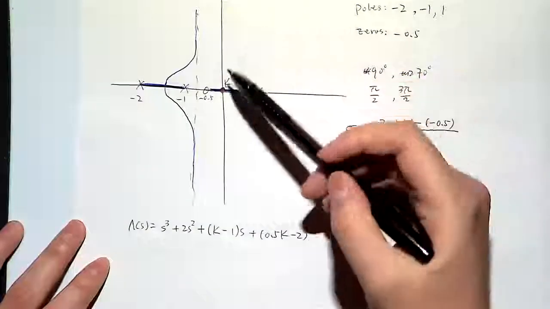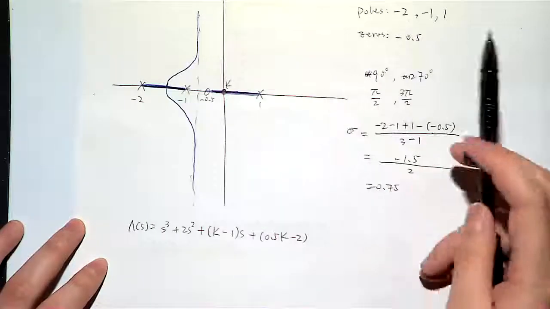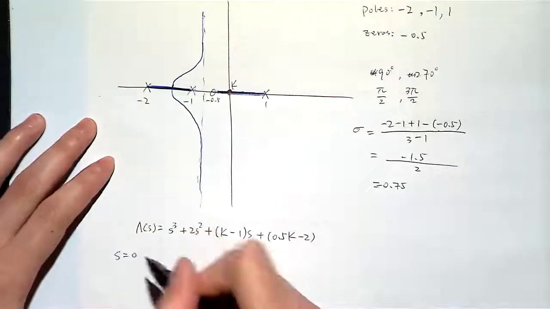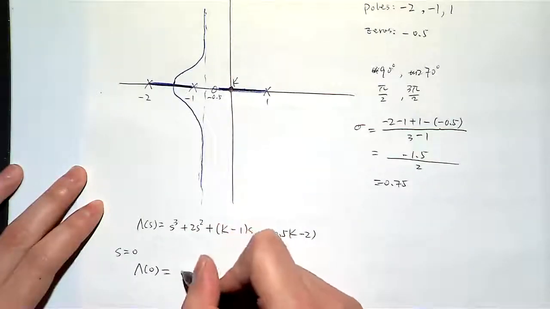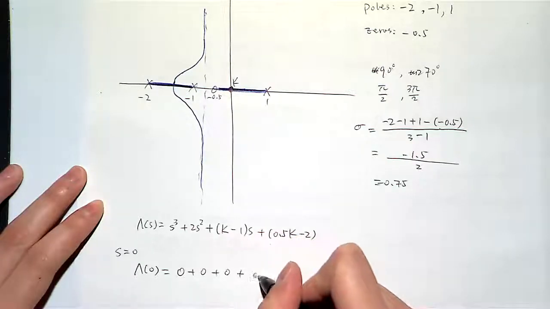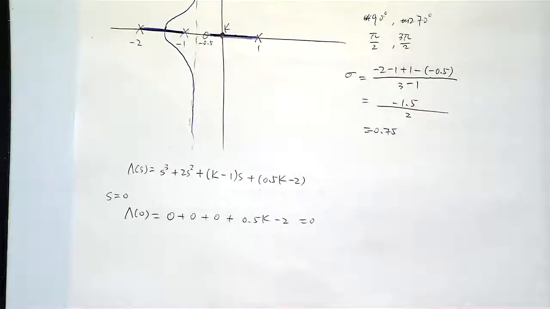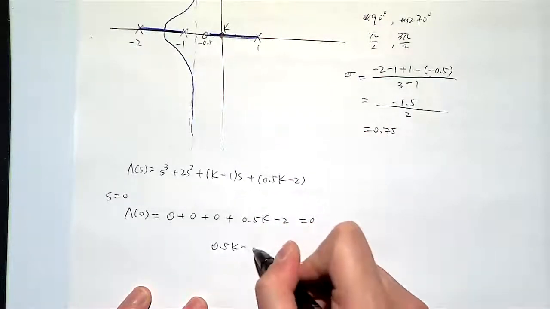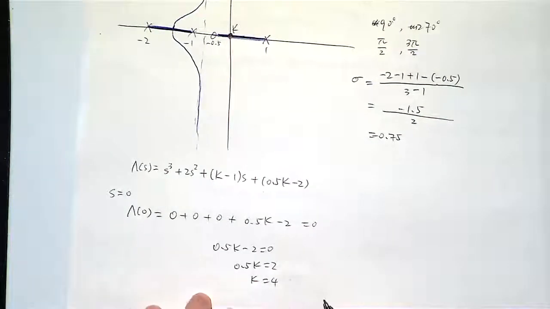You know that at this point, you have your pole located at 0. So what you can do is just sub in s equals 0, and by solving this, you find k equals 4 at this point, right?